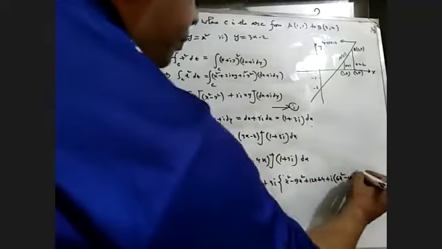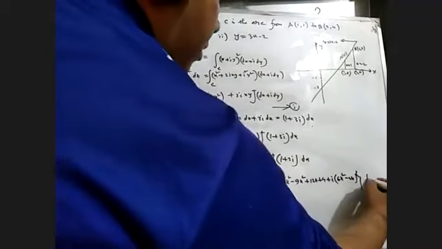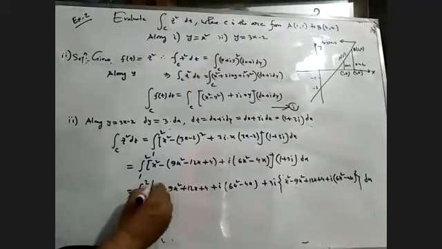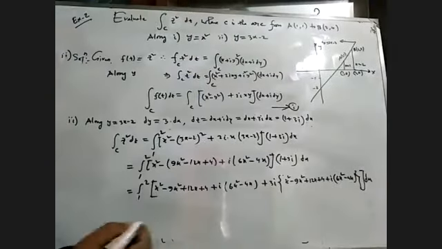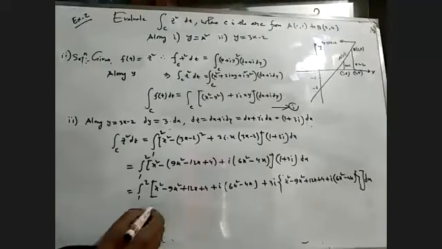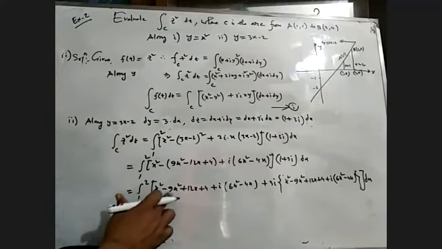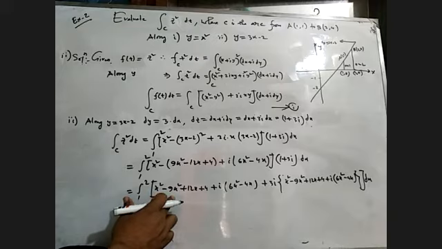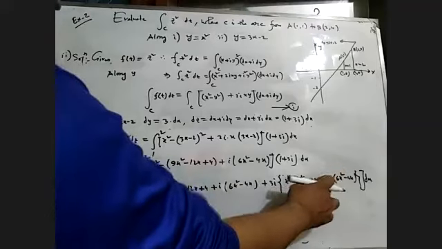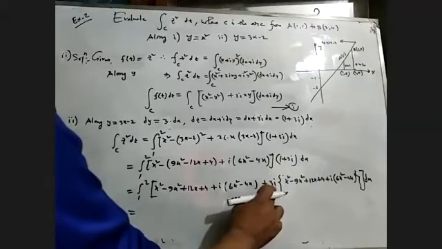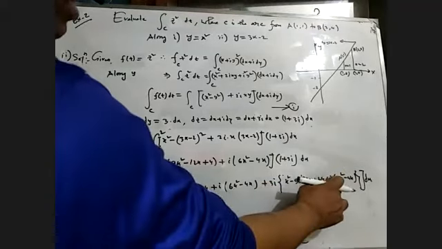Then dx. Minus 8x square, here minus 8x square, and i square, I multiply i square will be minus, minus 18x square.